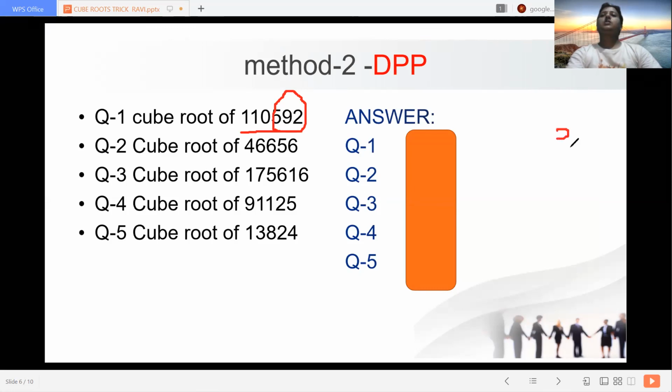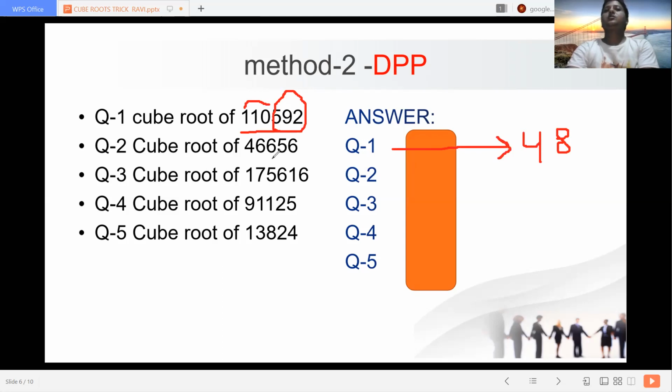Therefore answer must carry 8. Now remaining digits are 110. That is just larger than 4 cube. 4 cube is 64, 5 cube 125. Therefore we have to write 4. And 110592 has cube root 48.